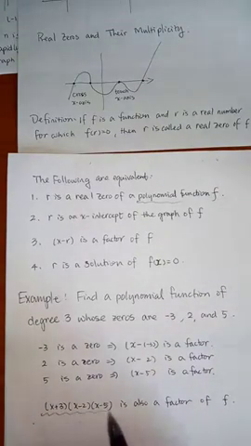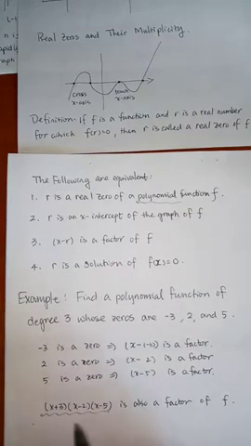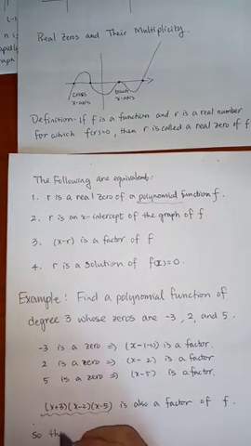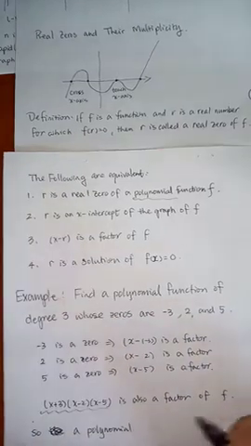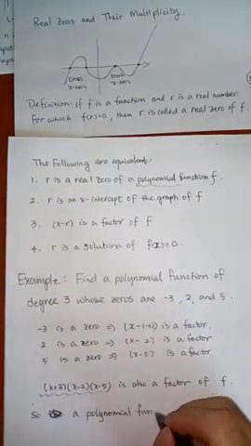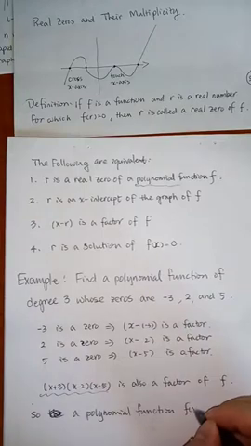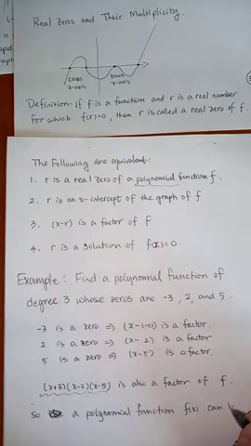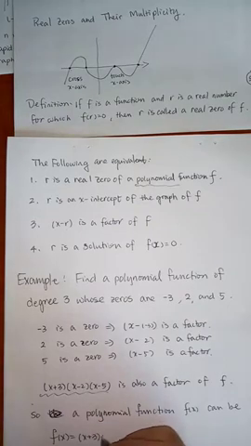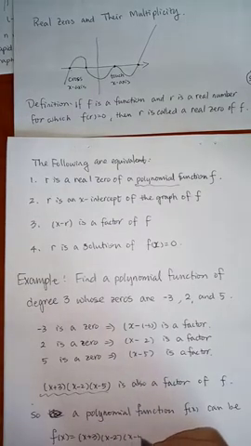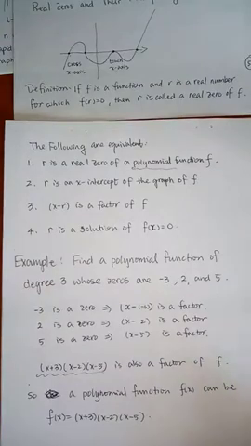And this one, if you do the multiplication, already has degree 3. So our polynomial function f(x) is just (x plus 3)(x minus 2)(x minus 5). Okay, this is one possibility.